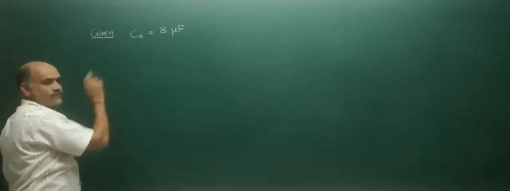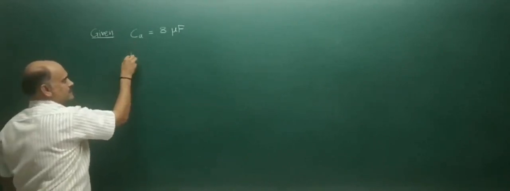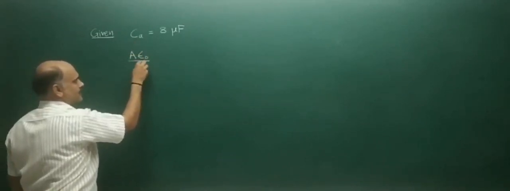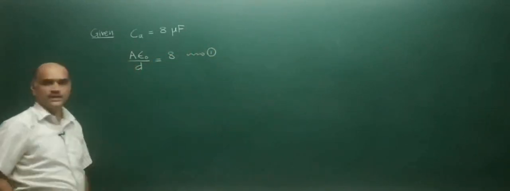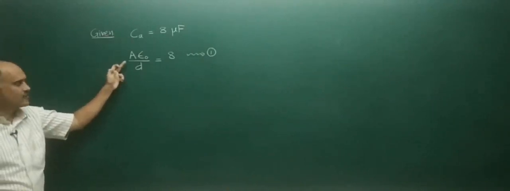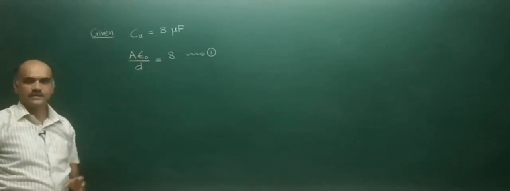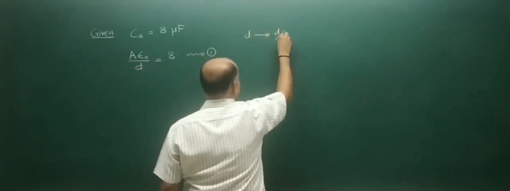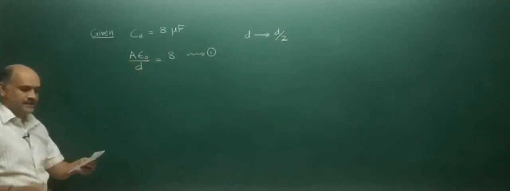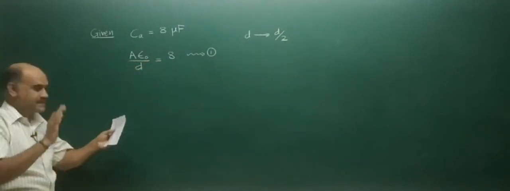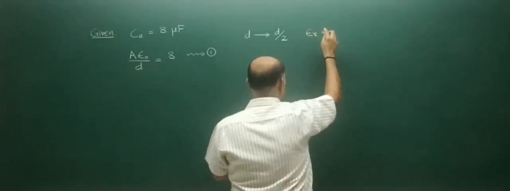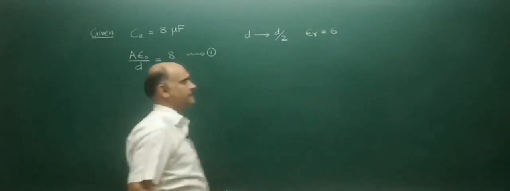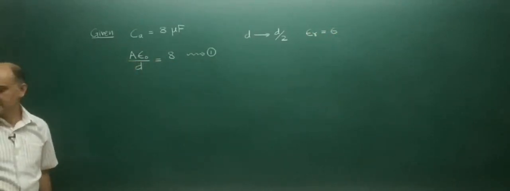The capacitance of a parallel plate capacitor formula is A epsilon naught by d, which is equal to 8, equation 1. This is the formula for capacitance of a parallel plate air capacitor. Now distance d is reduced to d by 2, and the space between them is filled with dielectric constant epsilon r equal to 6. You are required to find the capacitance.